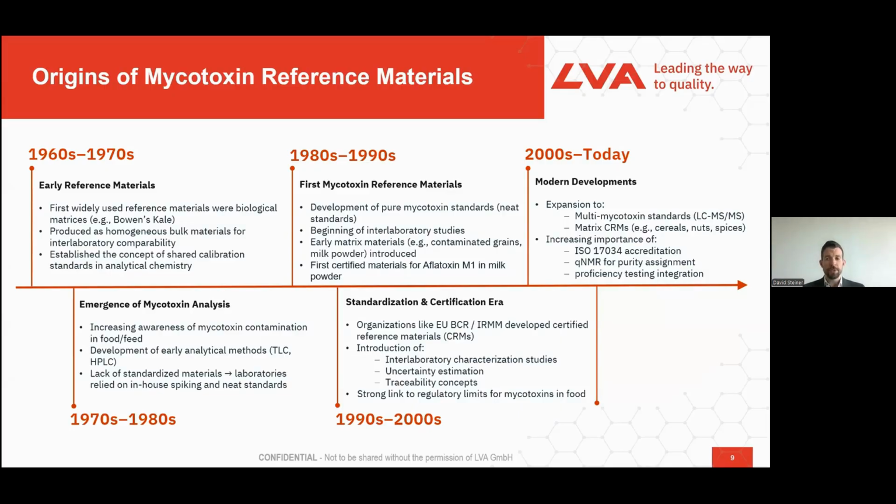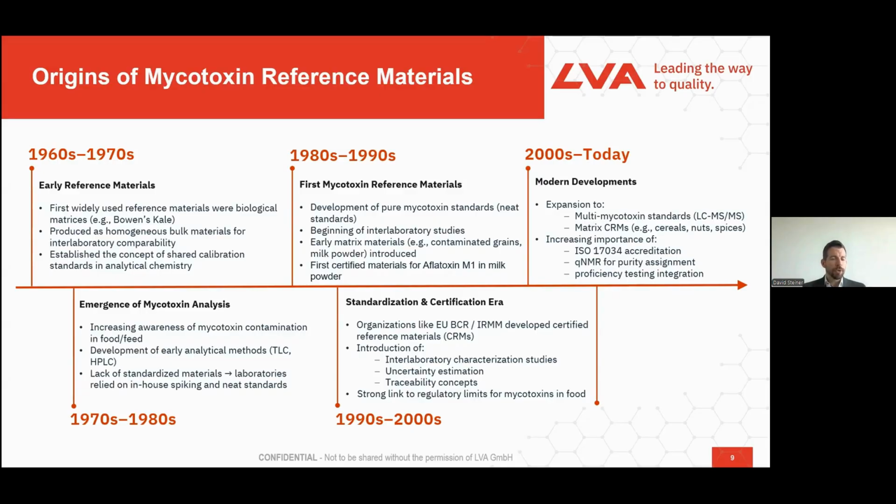However, for mycotoxins, there were still no well-established or widely available reference materials at that time. As analytical methods for mycotoxins especially started to evolve, laboratories often relied on in-house approaches using neat standards for spiking experiments to support the measurement.